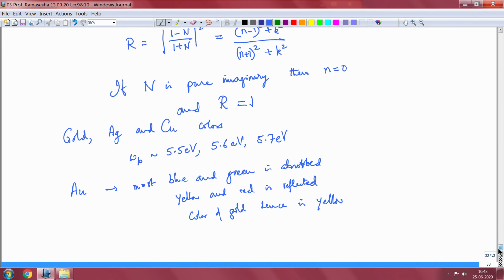Now in the case of silver, what happens is, in this case almost all the light is reflected. So what you have is equal reflection of all colors, and so you will have a white color of the silver and a luster because there is reflection.